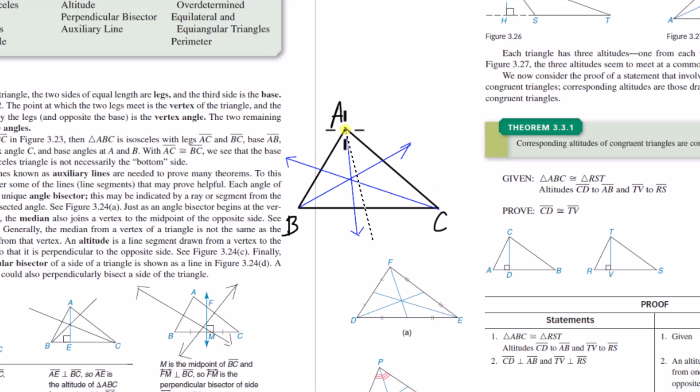We would have a median coming from each vertex. We would have an altitude coming from each vertex, perpendicular to the opposite side, and we would have a perpendicular bisector that doesn't originate at a vertex. So it would go through the same spot where the red line bisects. So it would bisect and be perpendicular.